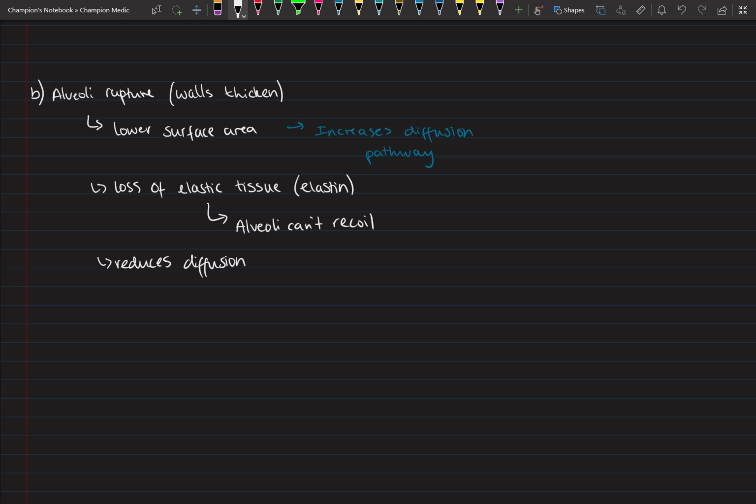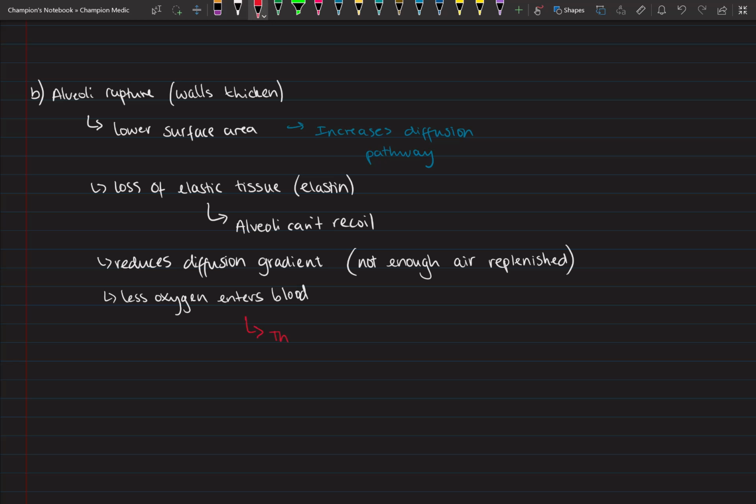If you have a reduced diffusion gradient, you're going to have less oxygen being able to enter the blood. That means less oxygen is taken to the heart muscle, or cardiac muscle, and that means that the heart is unable to respire, which means you can't produce ATP for certain processes.